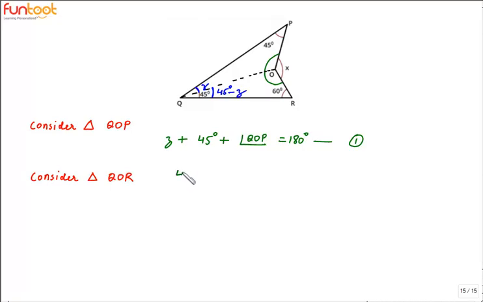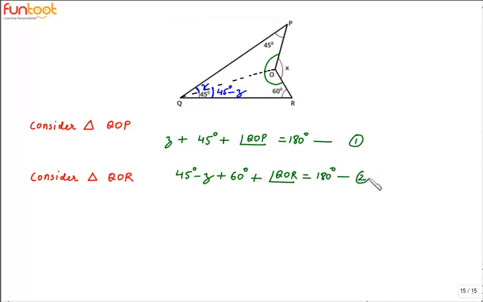So writing this 45 degrees minus Z. Then the second angle is 60 degrees. So 60 degrees plus this is the angle which we have obtained by splitting the angle. So this is angle QOR. So angle QOR is, the sum of these is 180 degrees.